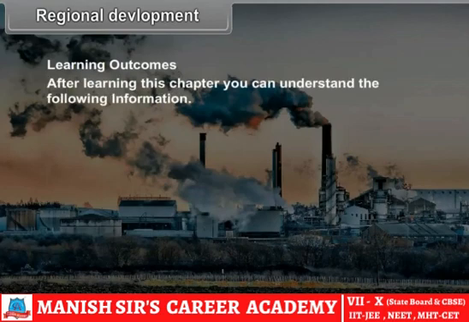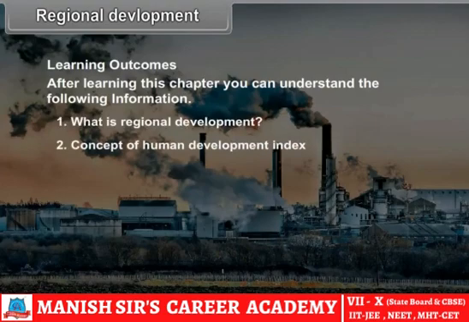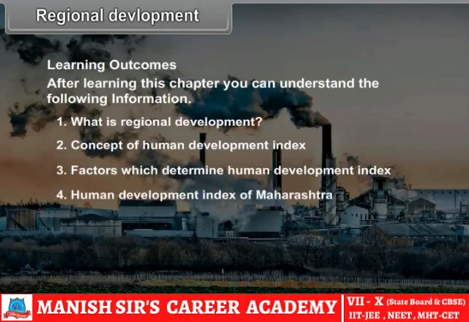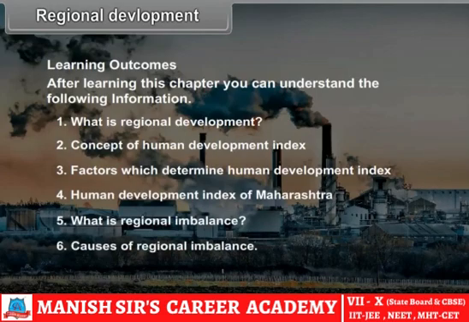After learning this chapter, you can get the following information. What is regional development? Concept of Human Development Index. Factors which determine Human Development Index. Human Development Index of Maharashtra. What is regional imbalance? Causes of regional imbalance.